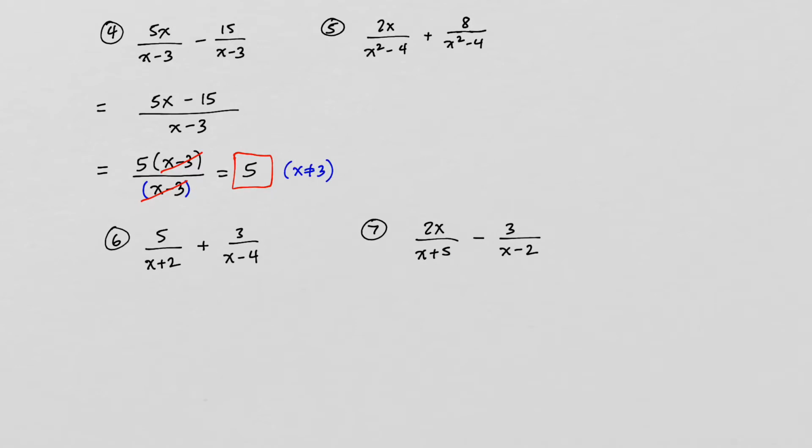So in our next example, again, very similar. We have a common denominator of x squared minus 4. And then we need to, in this case, add the numerators. So 2x plus 8 over x squared minus 4. And then to simplify our answer, we need to factor. If we factor the numerator, we can take out a 2, and we get 2 times the quantity x plus 4.